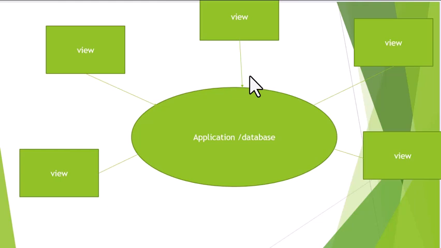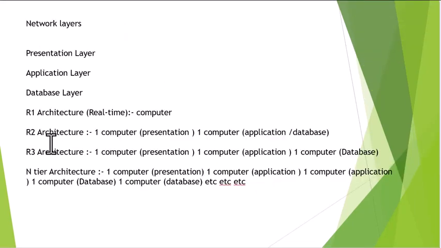As I told, one-tier architecture, which is R1 real-time architecture, has everything on the same host or same computer. In R2 architecture, one computer runs the application and database on a different computer.